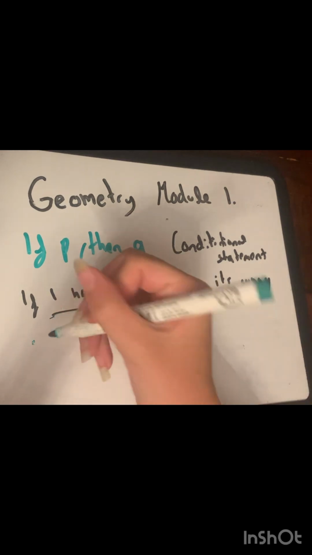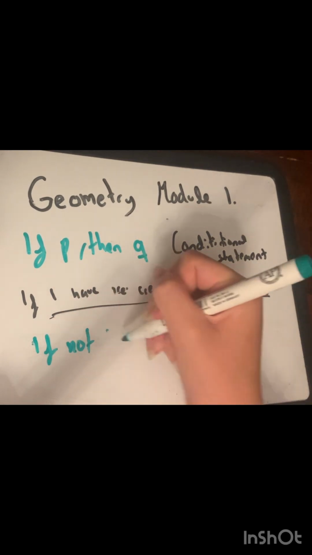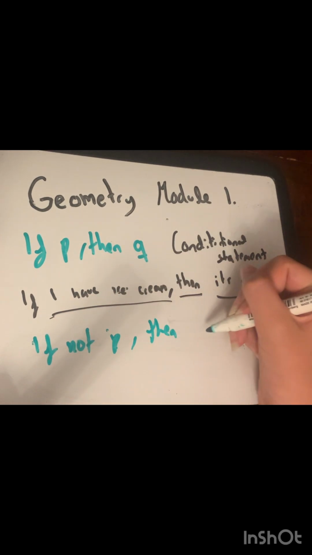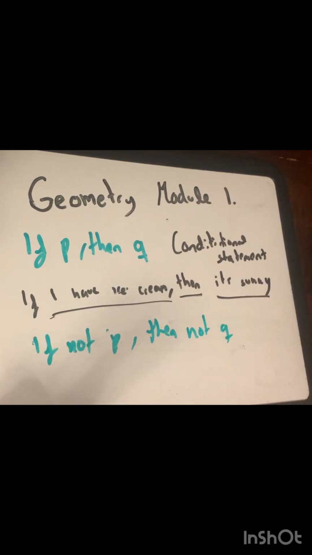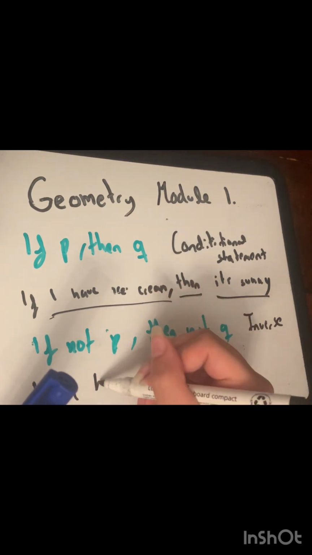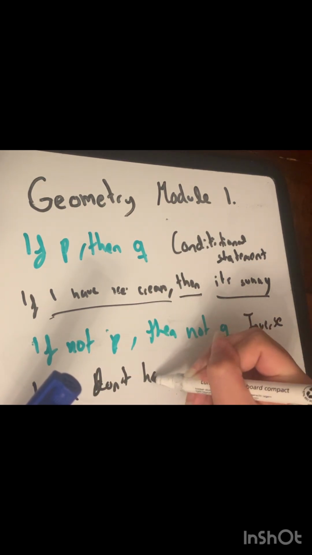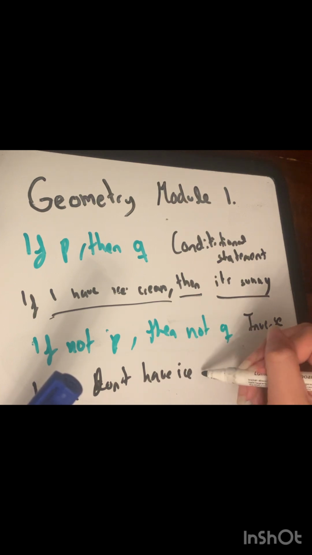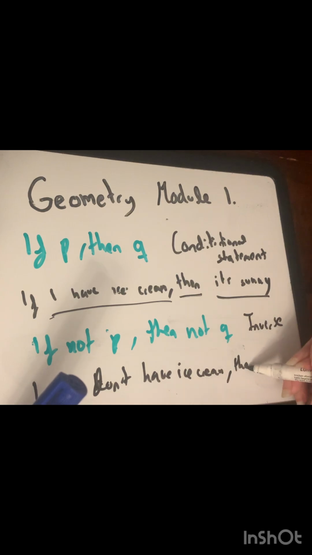So it'd be if not P, then not Q. And that is, as I said before, called inverse. So how would we write this? If I don't have ice cream, then it's not sunny. And that's how it looked like.